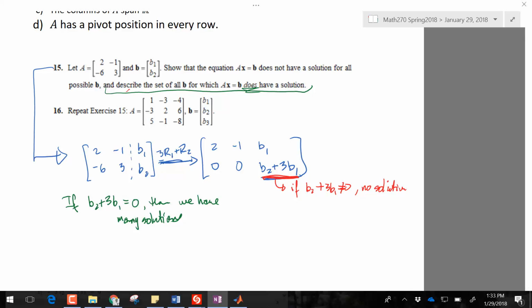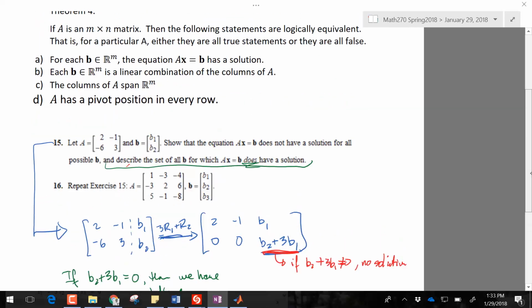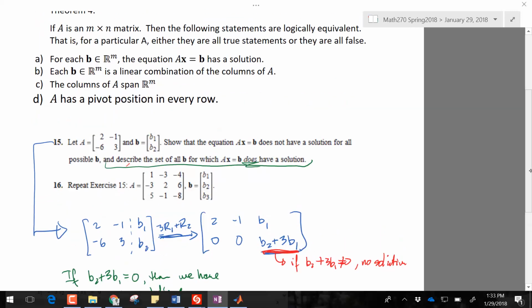What does this mean? Let's see. The equation has a solution for a specific b, but it's not for each b that we have.